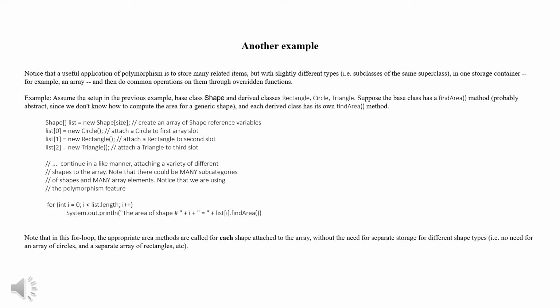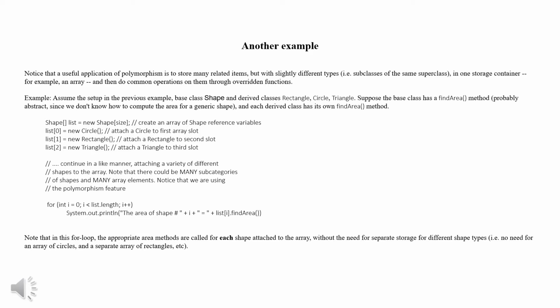Here I want to let you know that a very important application of polymorphism is that it lets you store those items, I mean those subclasses, inside a container. This container can be an array.